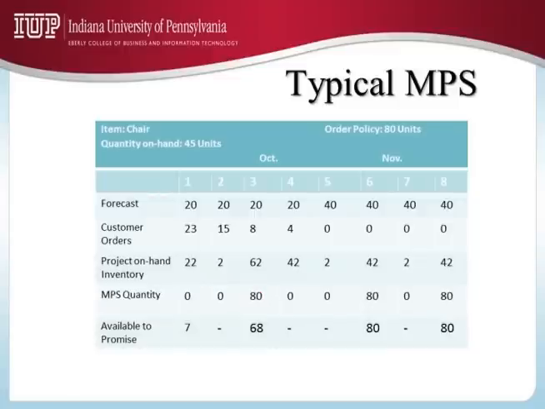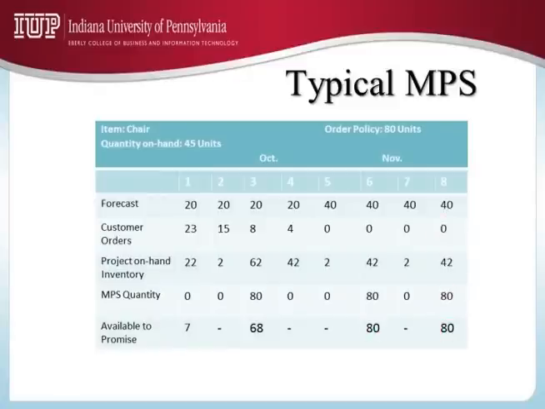So 80 minus 12 is this 68 available. Now this 80, after this, the next one is here. So these two time periods, you will have to meet the demand using this 80, which is 0 at this time. 80 minus 0 is 80. 80 minus this 0 is 80.